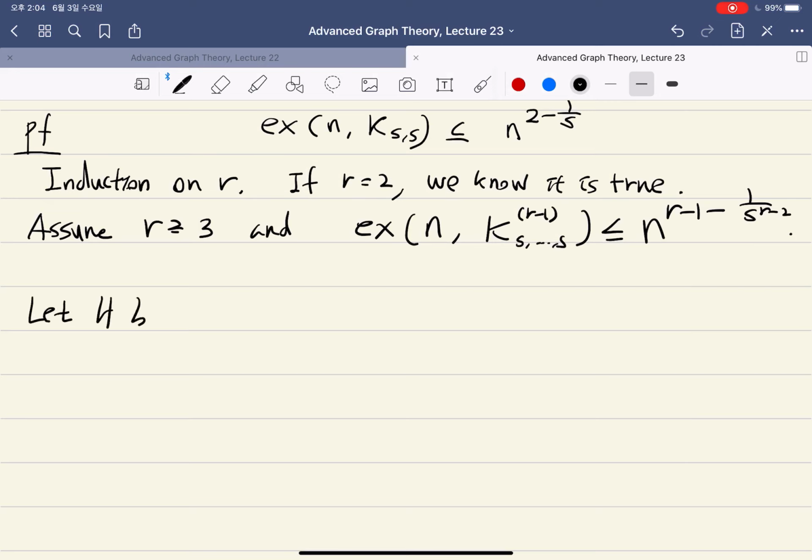So let H be an r-uniform hypergraph with more than n to the r minus 1 over s to the r minus 1 edges.